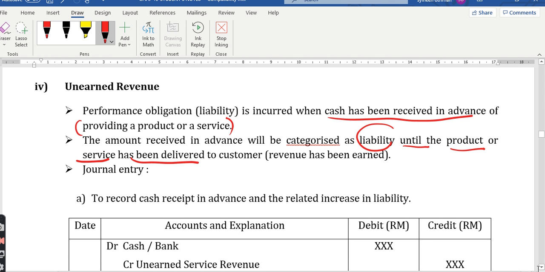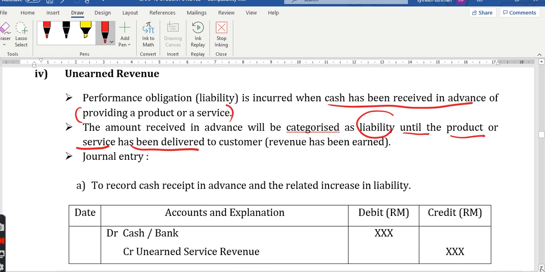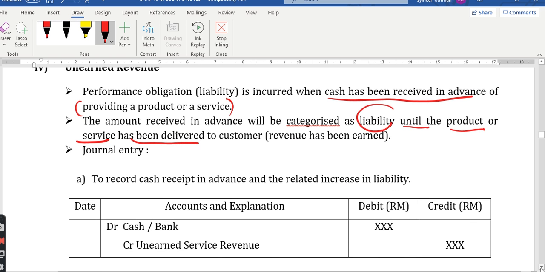But since you received the money in the first place, you need to record the receipt of the payments. So how do we record cash receipt in advance that is related to your services or product? To record the receipt of the money, you will debit cash or bank depending on how you received the advance money. But since you haven't delivered the services, you cannot credit service revenue because you haven't earned it.